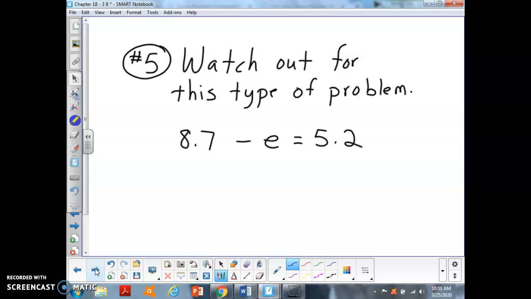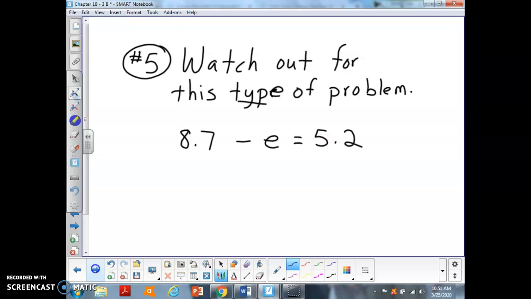Watch out for this type of problem, okay, where we've got the variable in the middle with the subtraction. The commutative property does not work with subtraction. I can't rewrite this and put the e at the beginning.